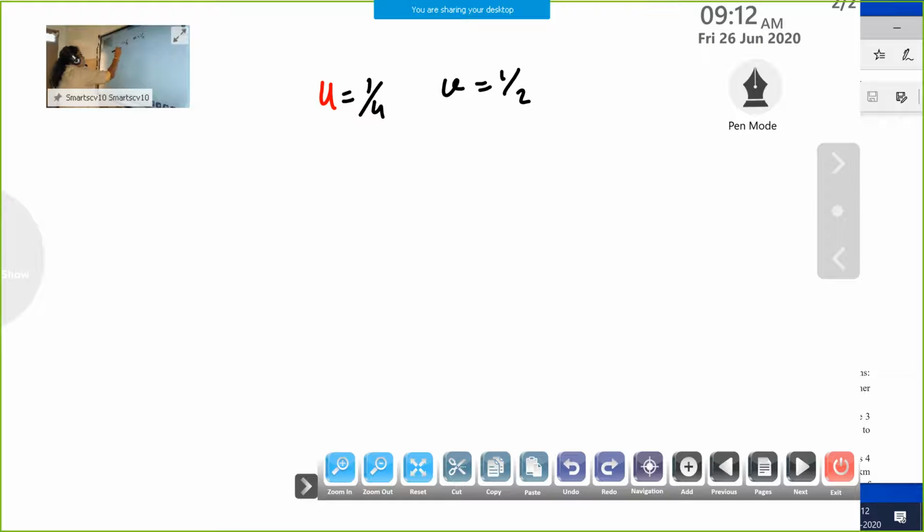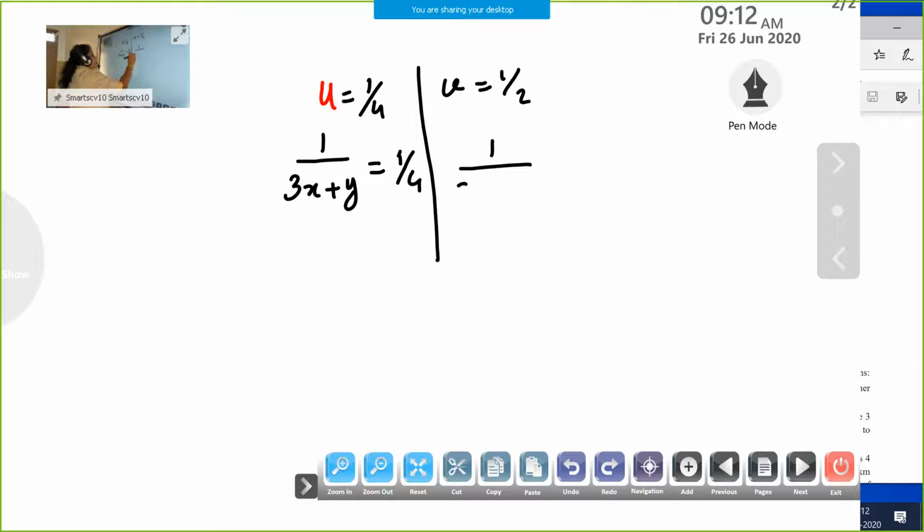Then what is U? U is equal to 1 by 3x plus y, which is equal to 1 by 4, and V is equal to 1 by 3x minus y, which is equal to 1 by 2.